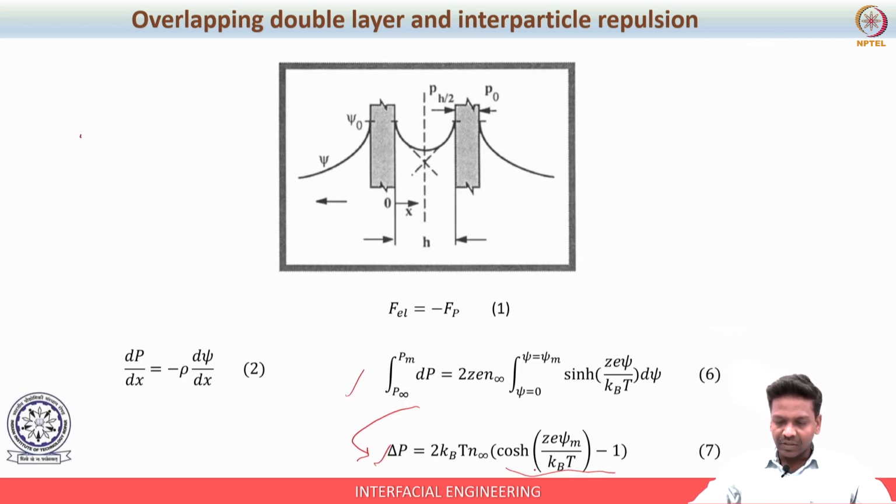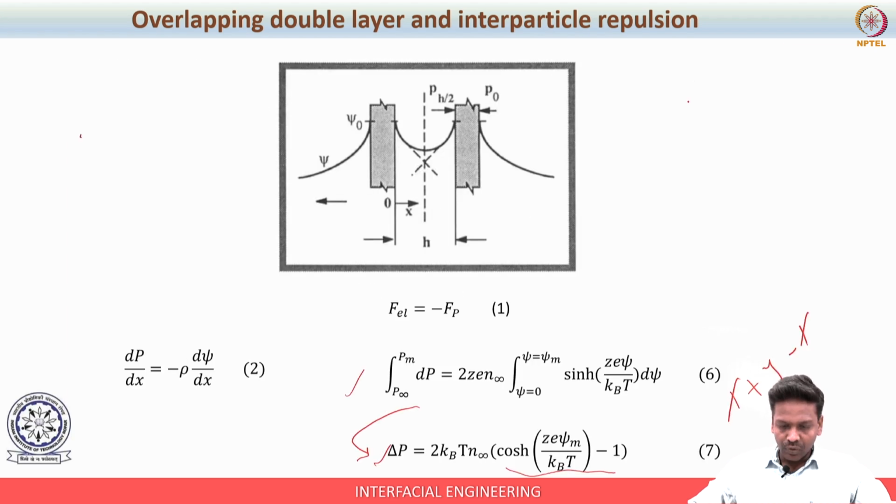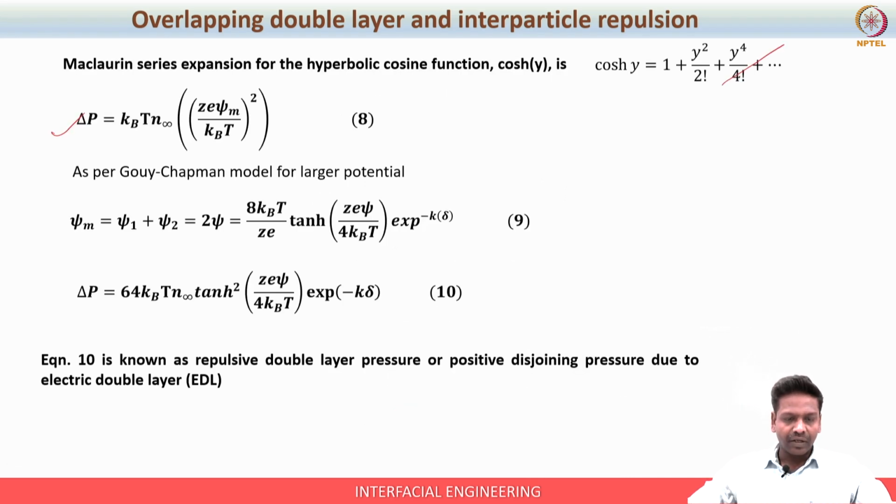So because there is going to be 1 plus y square by 2 minus 1, 1 minus 1 will cancel out, so you will simply have y square by 2, and this 2 and 2 will cancel with each other. So that's why you get this term. All right, so this term is clear now because we used this Maclaurin series expansion and then we obtained this.